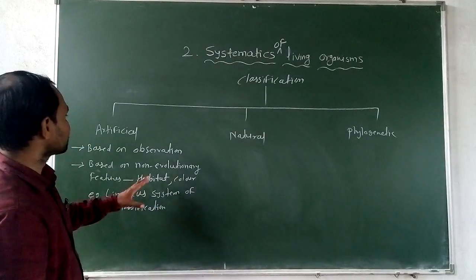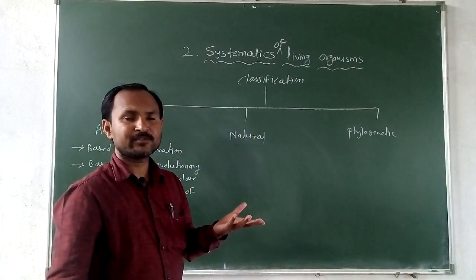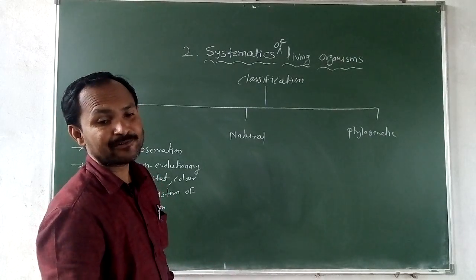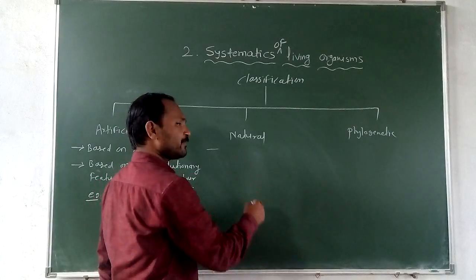This is the first. Second, natural classification. Natural classification means it is based on objectively significant features, meaning it is very explainable.